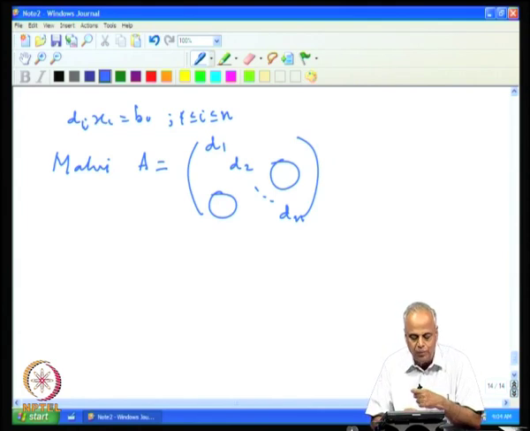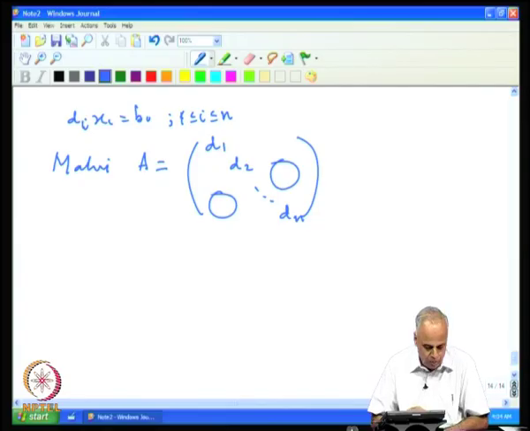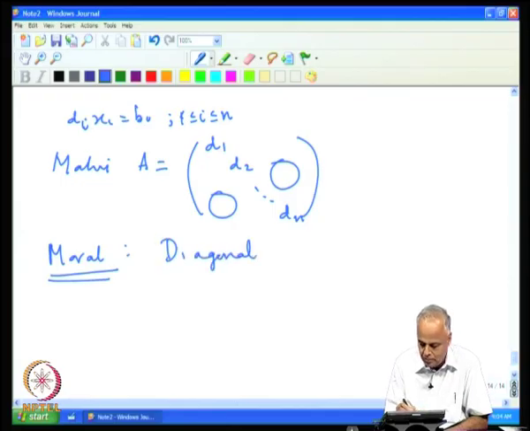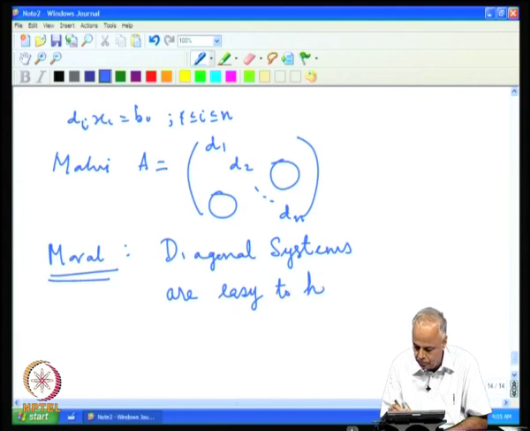Similarly, the second coefficient in the second equation is d2 and all others are 0, and so on, and therefore, the coefficient matrix is a diagonal matrix. So, the moral of our discussion for such a special easy system is diagonal systems are easy to handle.